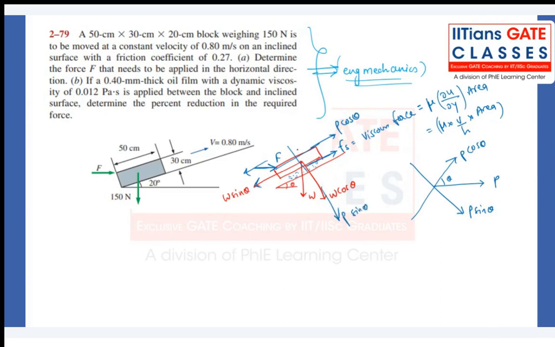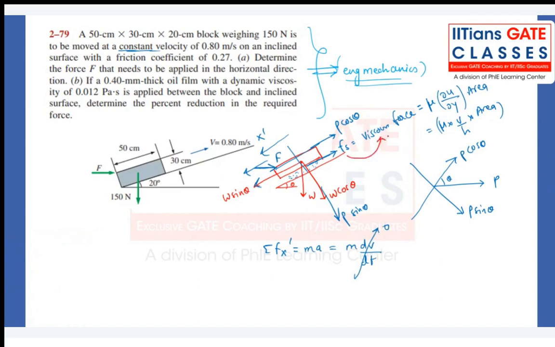Summation of forces in this direction, which you assume to be, let's say, x dash. Summation of forces in the x dash direction is mass into acceleration. As it is moving with constant velocity, mass into dv by dt has to be zero, right? So whatever role is played by friction in engineering mechanics is played here by the viscous force.